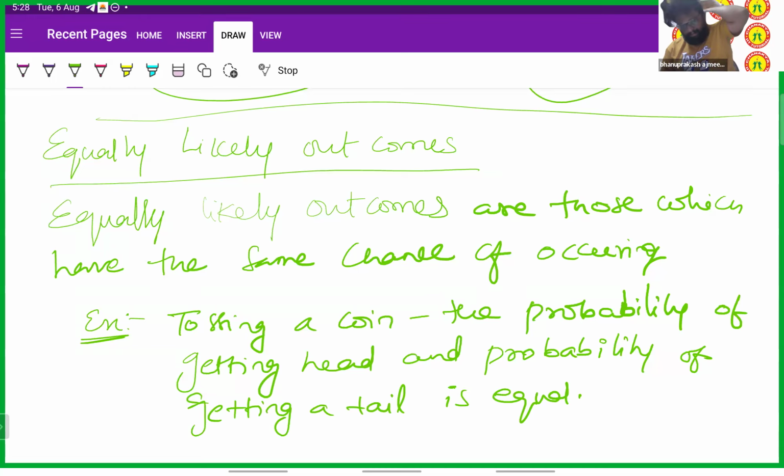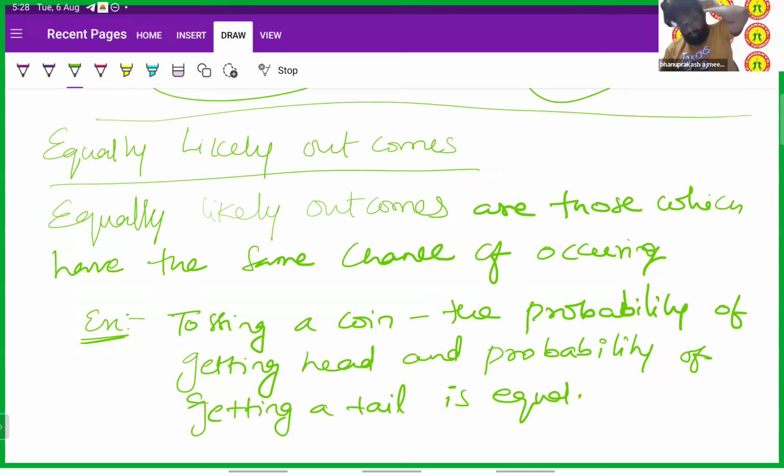So equally likely outcome means when you go for any experiment... let me give you another example. Suppose it's raining outside, raining continuously for the past 3 days.